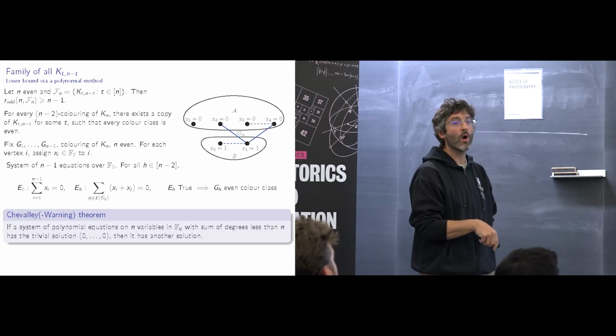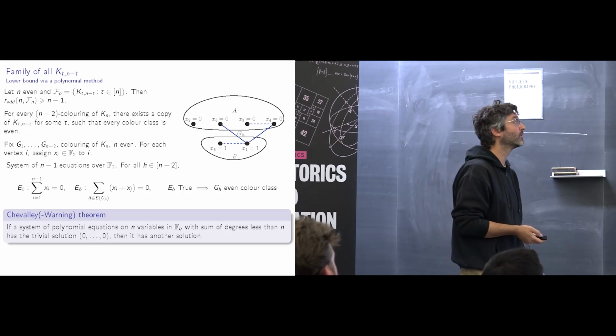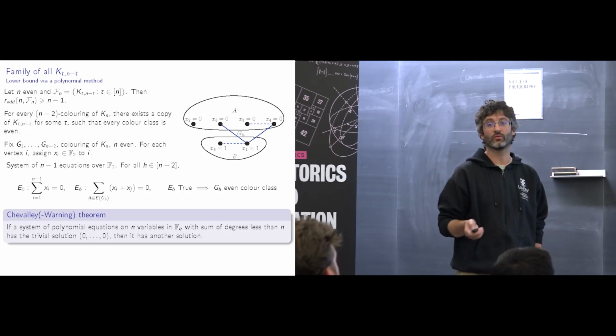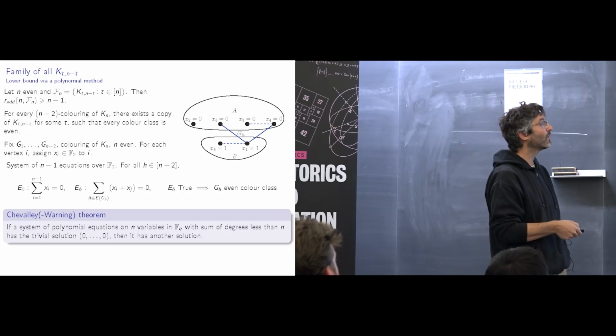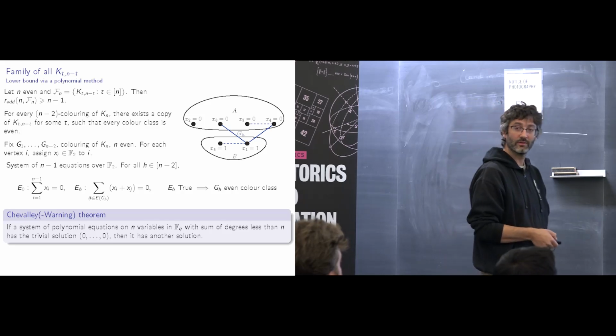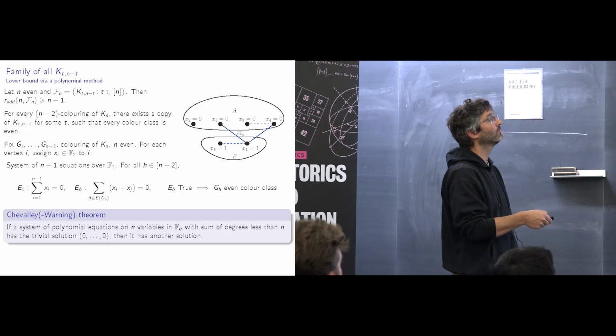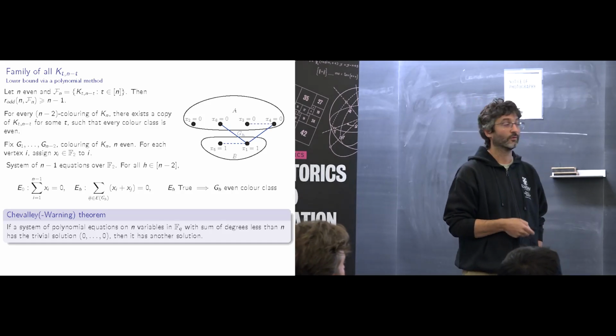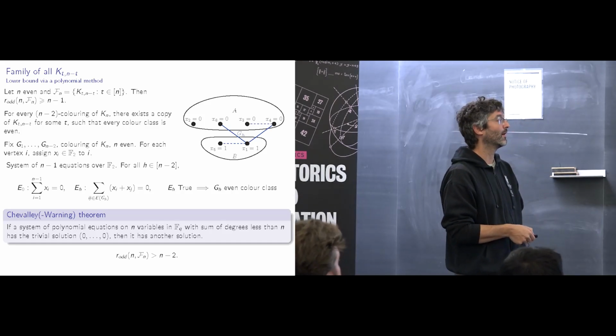I know that all 1 is not a solution to my system of equations. And by the theorem, I know that somewhere there is a solution. So if you have a solution, it means that you have a partition of the vertices in 2 blobs such that in every color, the number of edges across is even. So you know that the Odd-Ramsey number has to be bigger than that.